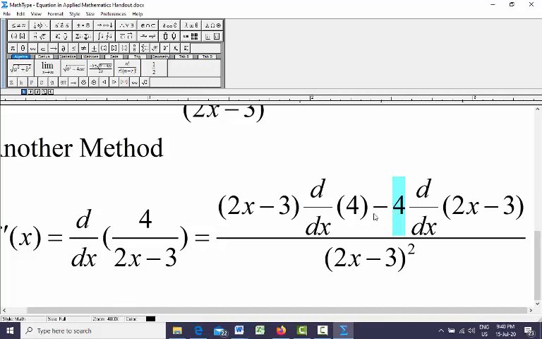They will exchange their positions. So after this minus, 2x minus 3 comes in front of d by dx, and the 4 goes behind d by dx. So this is the formula.